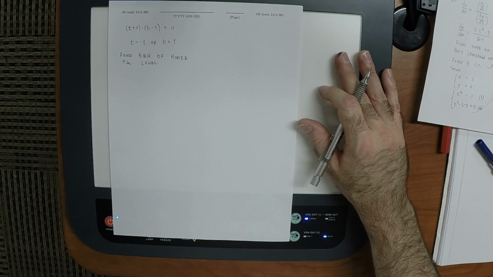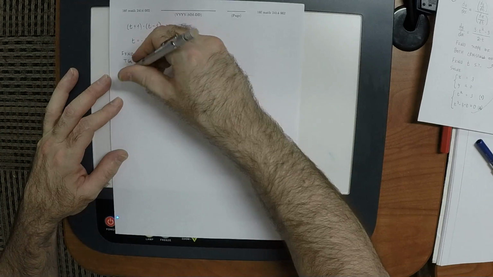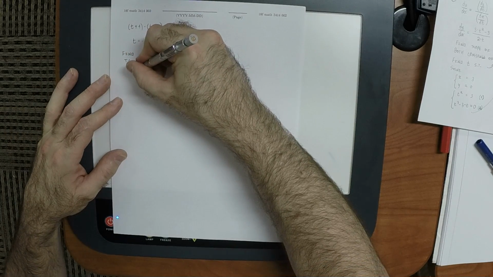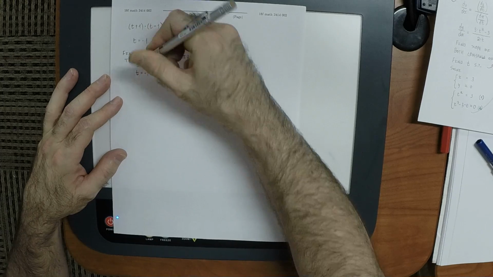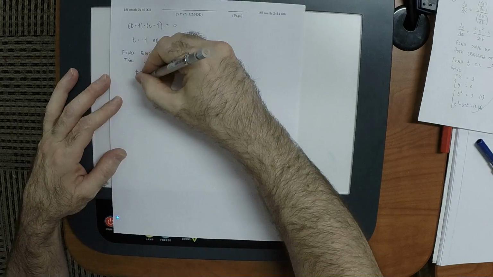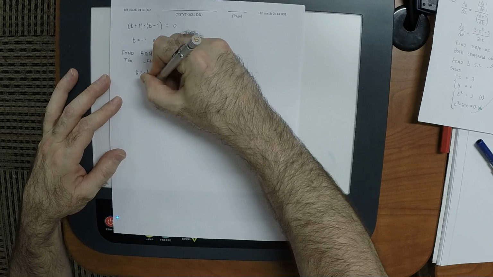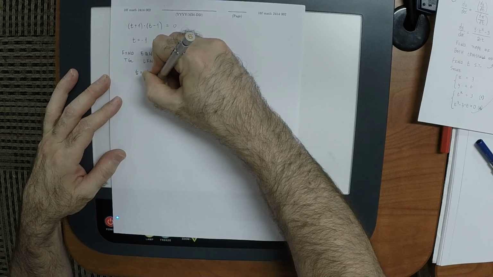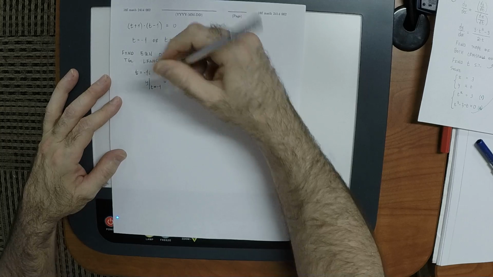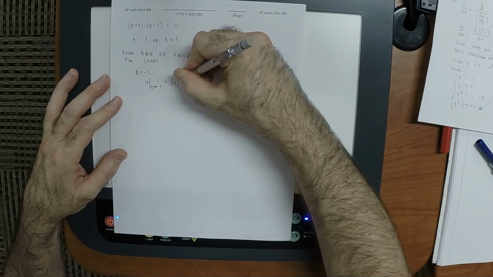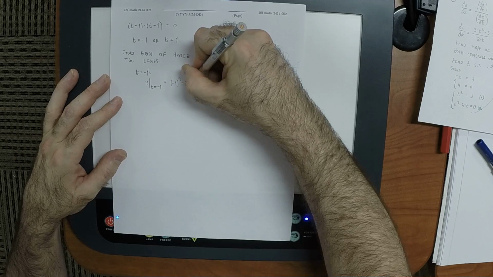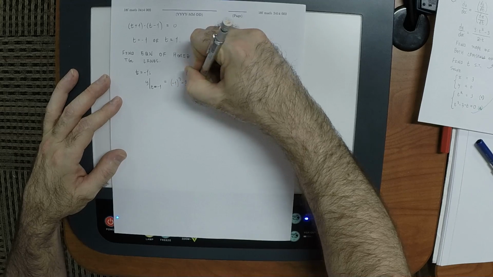Plug in t. Yeah, we plug in the t. In the case that t is -1, we'd want to plug that into y. So y evaluated at t equals -1 would be -1 cubed, subtract 3 times -1.